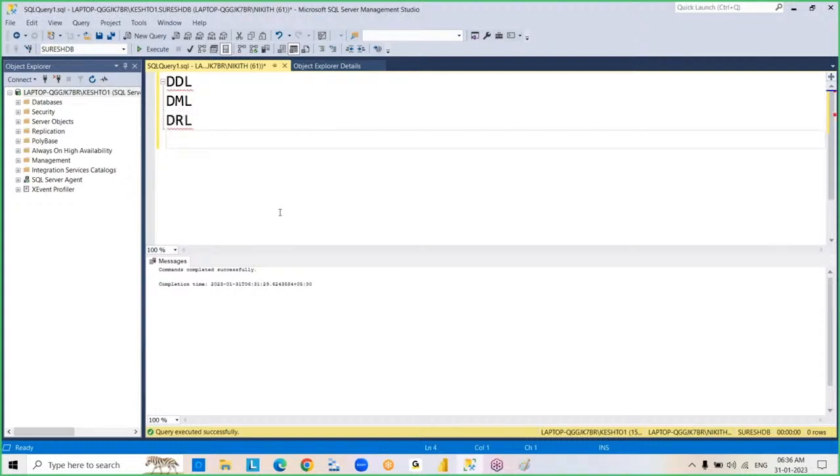DRL, data retrieval language. TCL, transaction control language. And DCL, data control language. So your important thing is DRL commands; we are going to use them maximum in the project environment. Data retrieval language.